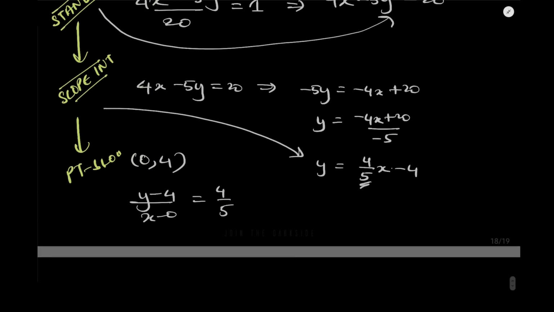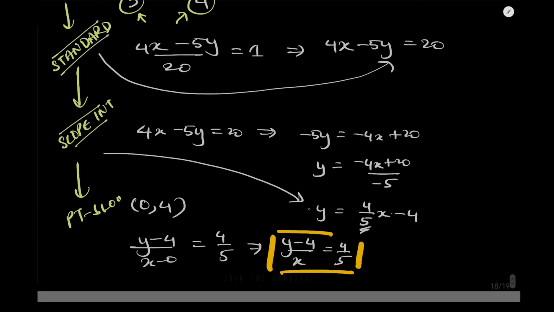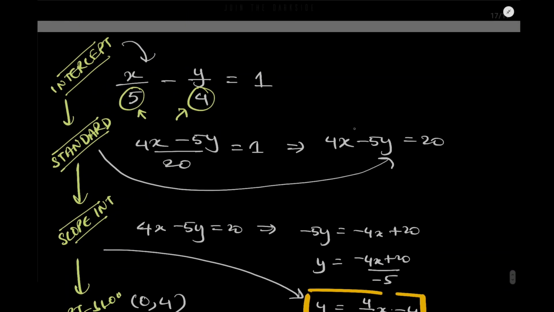So the equation will be y minus 4 upon x, which is equal to 4 by 5. So I hope you guys got this thing, that one equation can be written in many forms, in all these 4 forms.